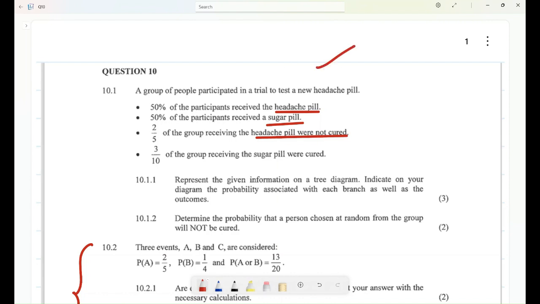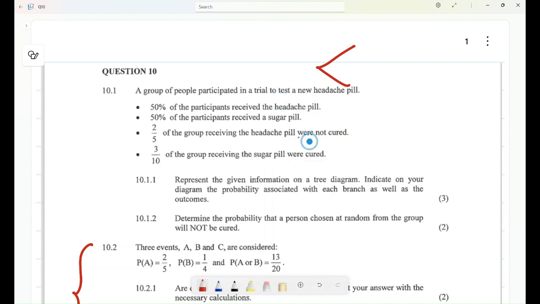The first trial is the type of pill. The second trial is whether the pill you took cured you or did not work. 3/10 of the group receiving the sugar pill were cured.